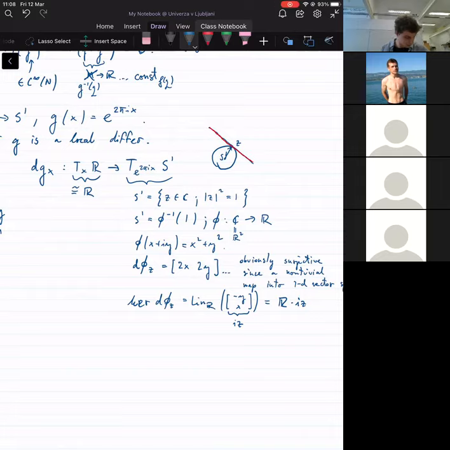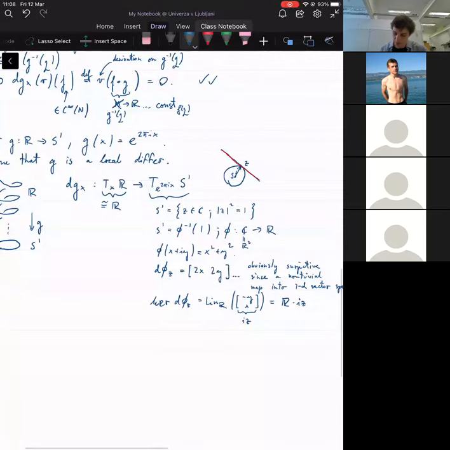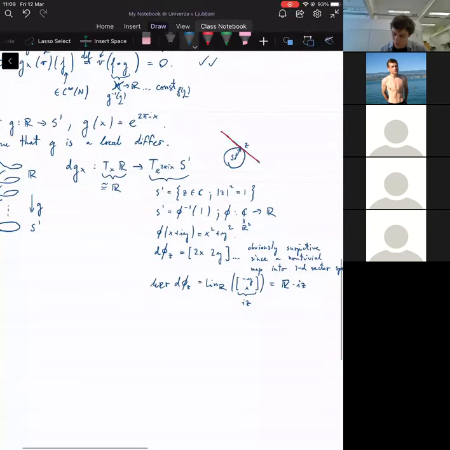Well, what about now? We have to show that this dg_x is a local diffeomorphism, right? We do that by showing that dg_x must be an isomorphism. But since the codomain, again, is a one-dimensional vector space, we only have to check that dg_x is surjective, so that it's non-zero.